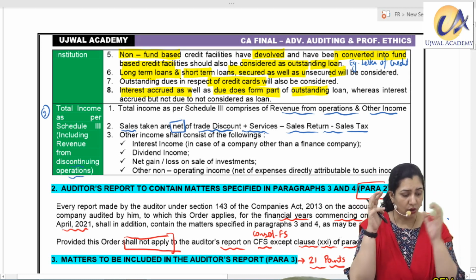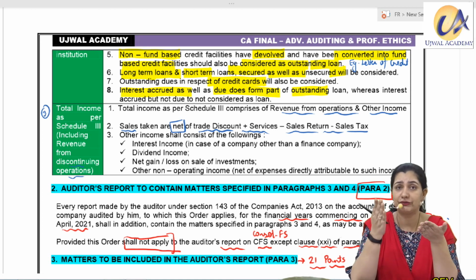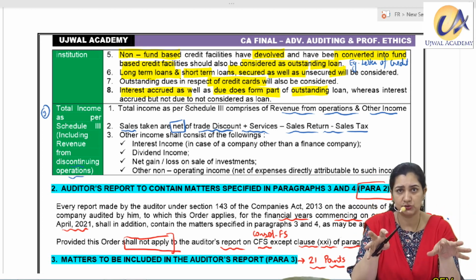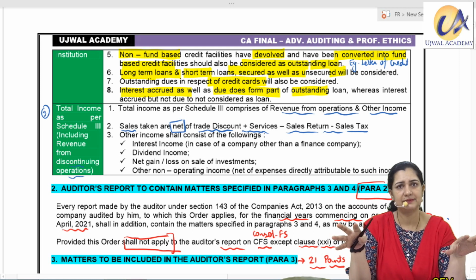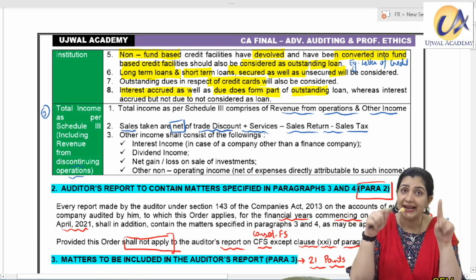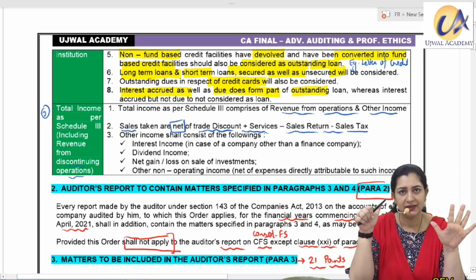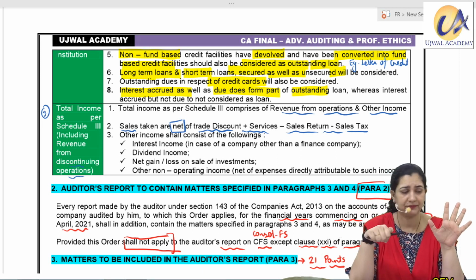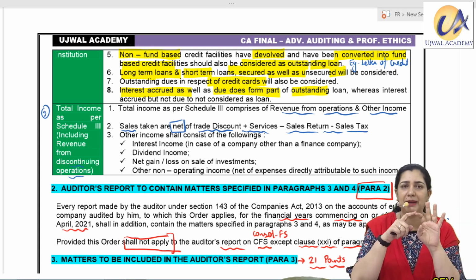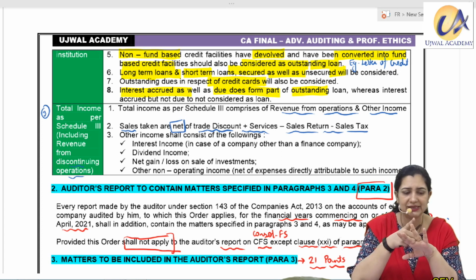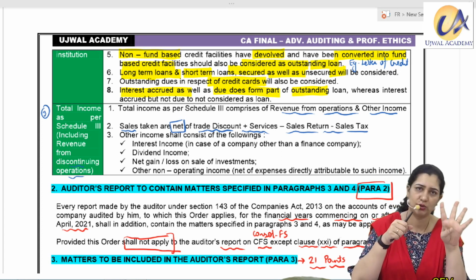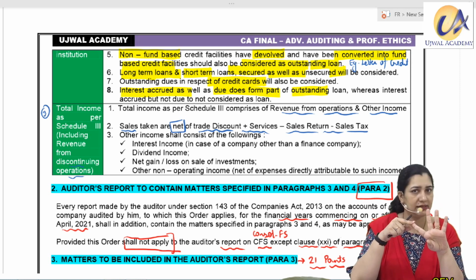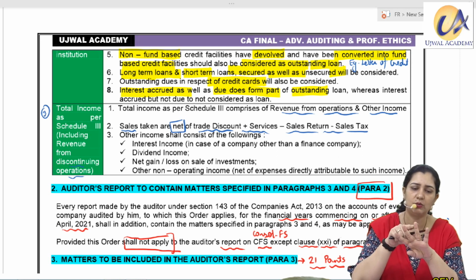And mind it, all this was about applicability of CARO. So CARO applies to all companies, including foreign companies, excluding small companies (2 crore, 20 crore, both limits satisfied), OPCs, banking companies, insurance companies, Section 8 companies, and private companies satisfying 4 conditions: not being a holding or subsidiary of a public company, and 3 limits, 1, 1, 10.